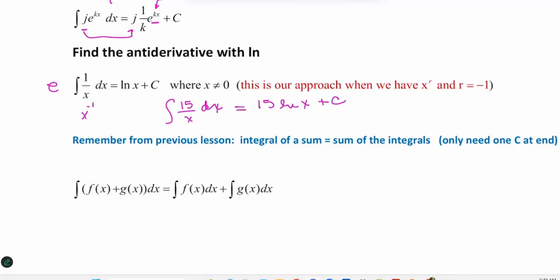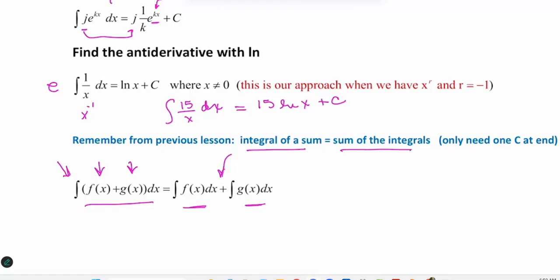Okay, if you have a sum of functions behind the antiderivative sign, or the integration sign, you can break this up into 2 antidifferentiations and then sum them. So the integral of a sum is the sum of the integrals.